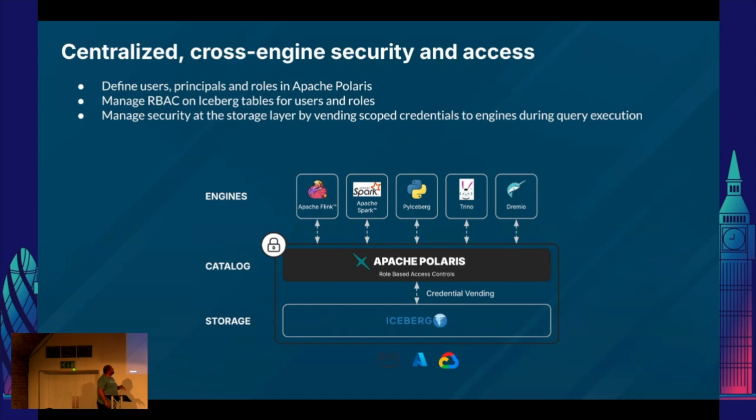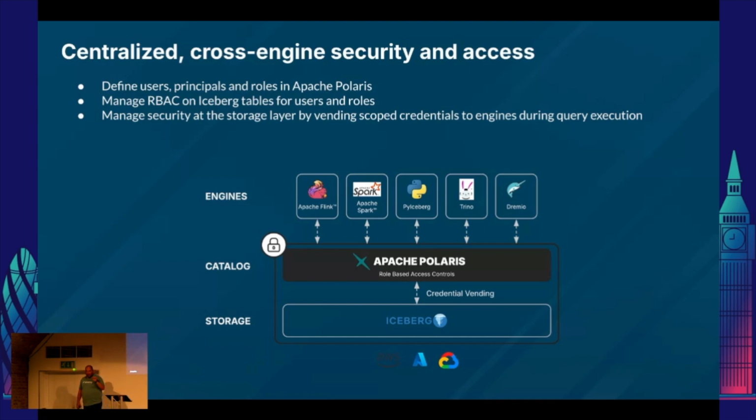The first thing in Polaris is that you have all what we call data governance, so role-based access control. You define that this user or this engine can have access to this table or this view. I'm going to talk about some ideas for the future of Polaris, but for now, it's the case. This role-based access control works with any engine.